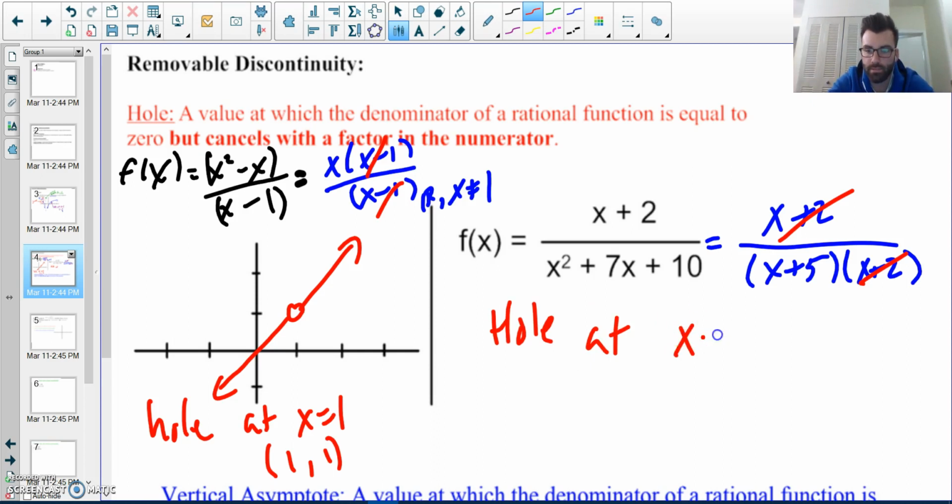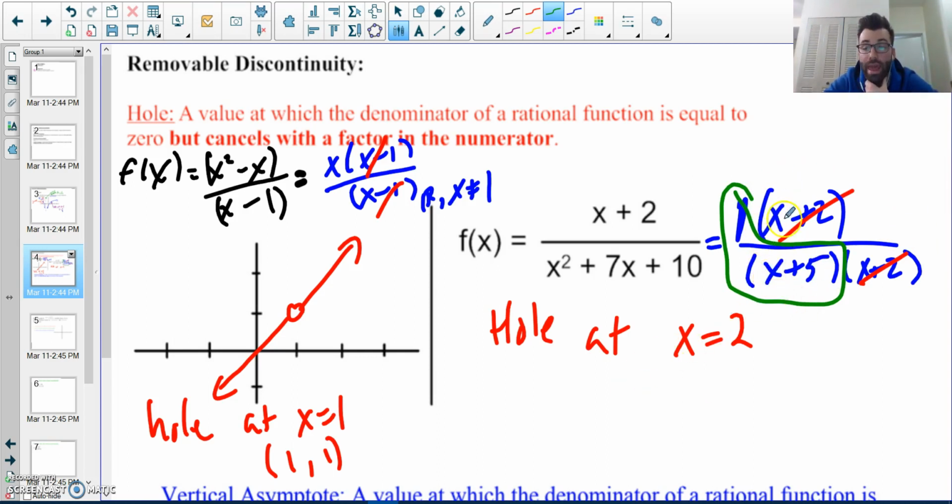at x equals 2. Now remember, even though this cancels out, we still pretend like there's this 1 that exists there. So I want to think about if I were to input 2 into my x value.